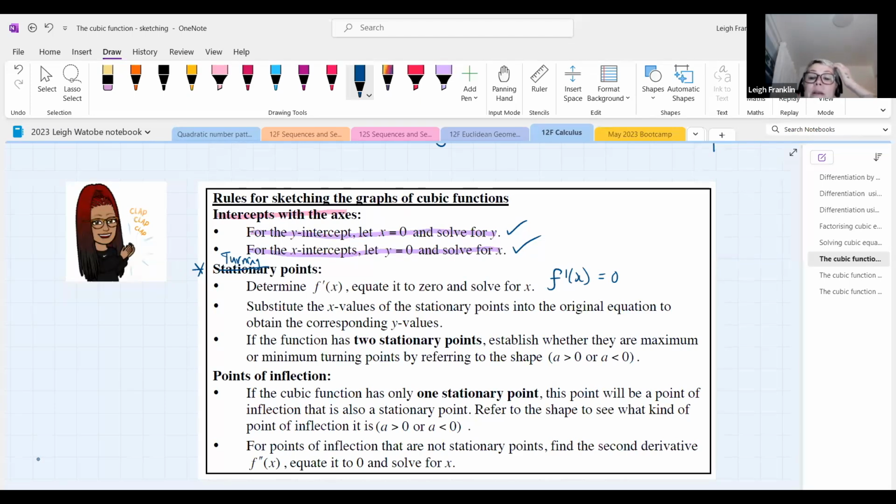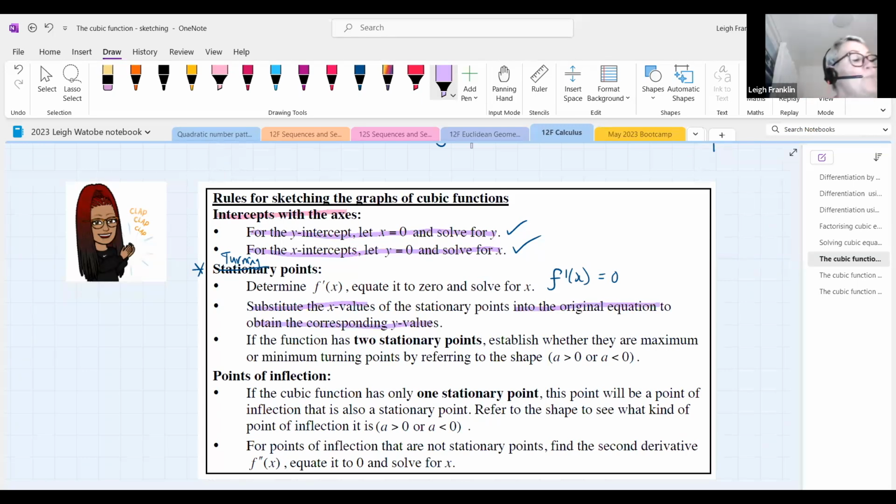You are now going to solve for x, and those will be the x coordinates at your turning point. In order to get your corresponding y values, you would substitute those x values into your original equation, and that'll give you your corresponding y values.